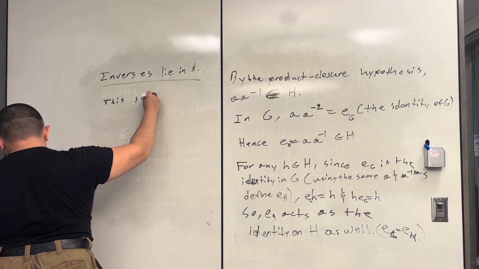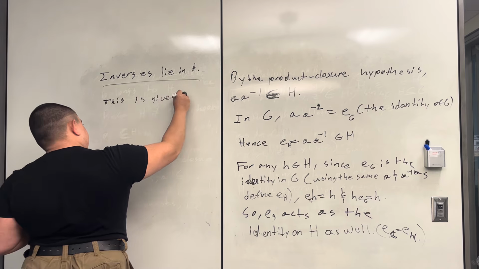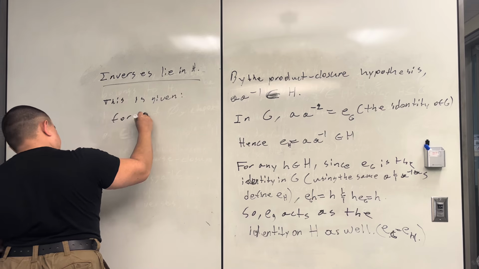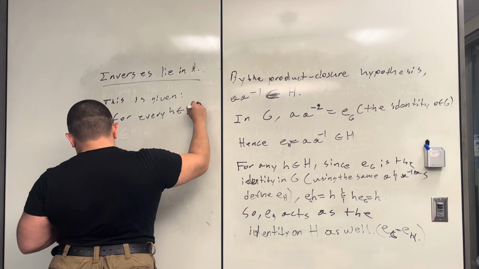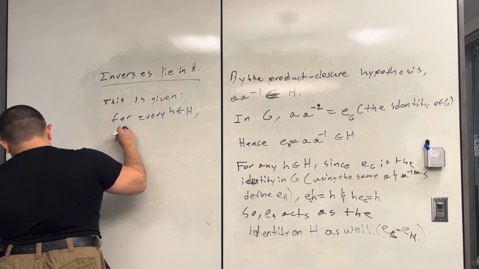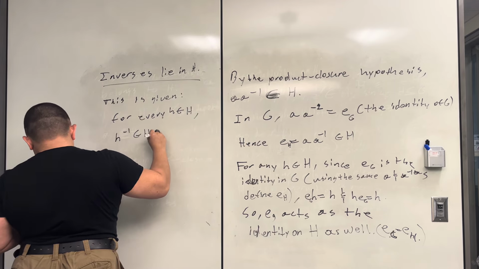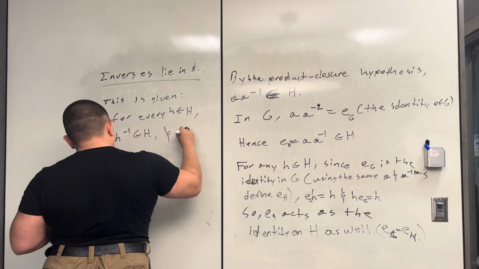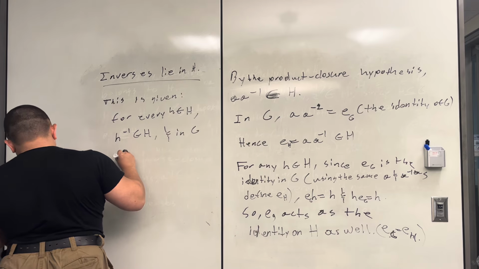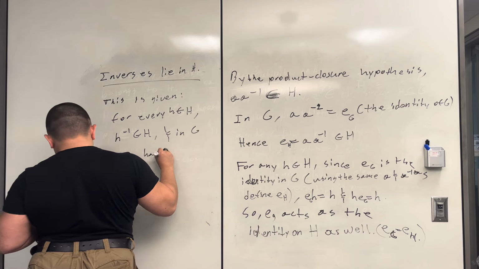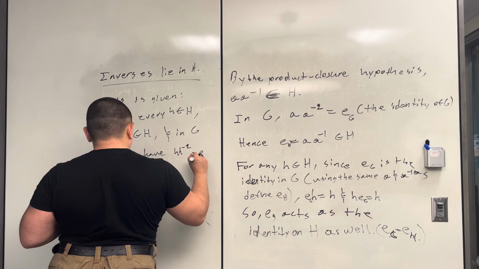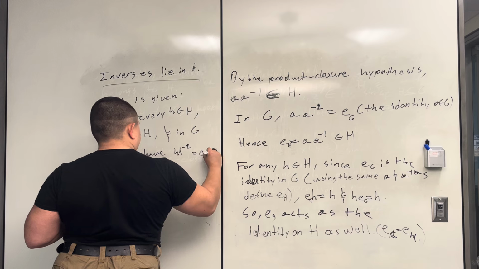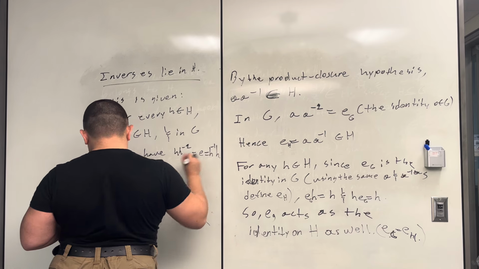This is given, such that for every h within H, we have h inverse within H, and in G, h times h inverse is equal to h inverse times h.